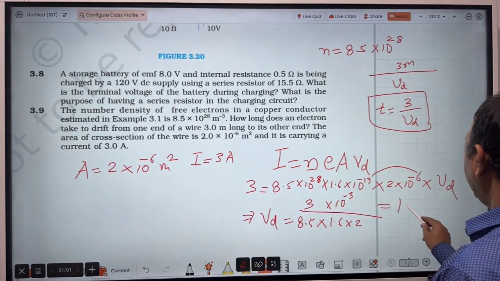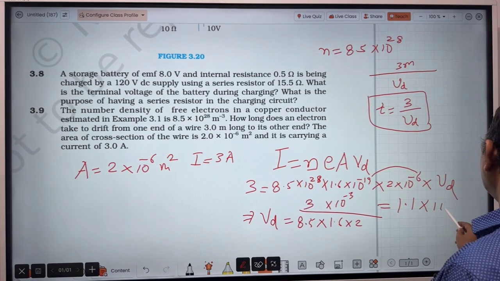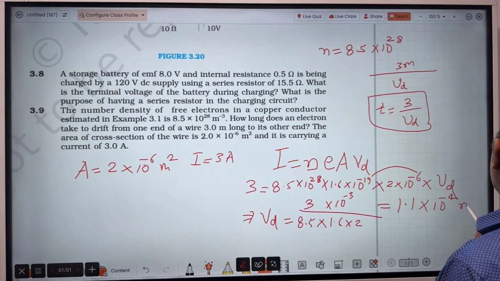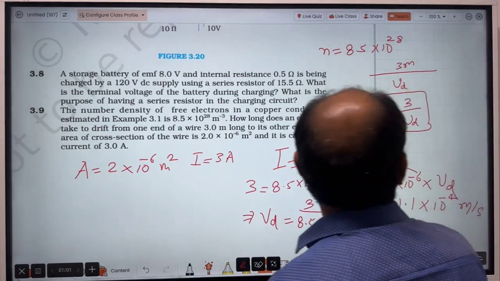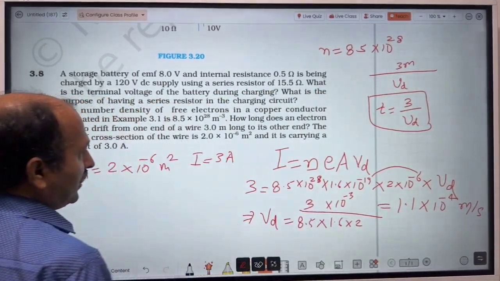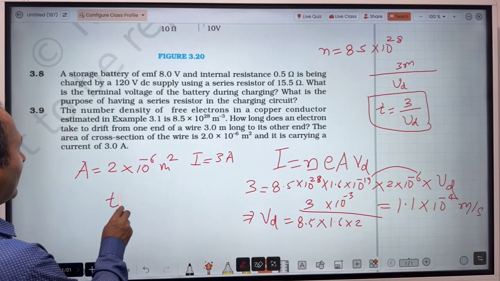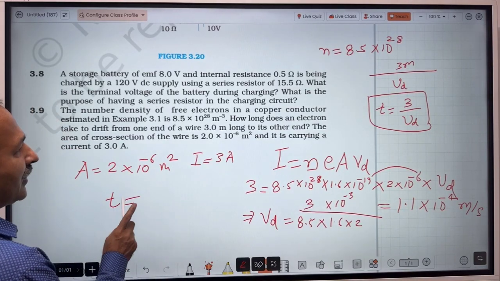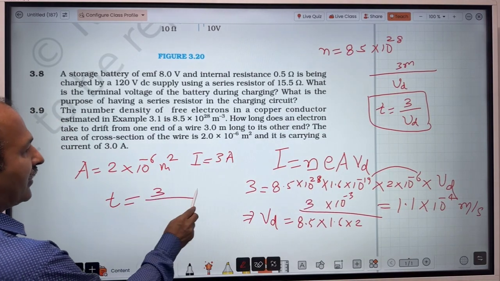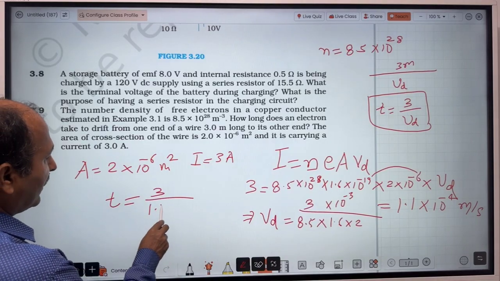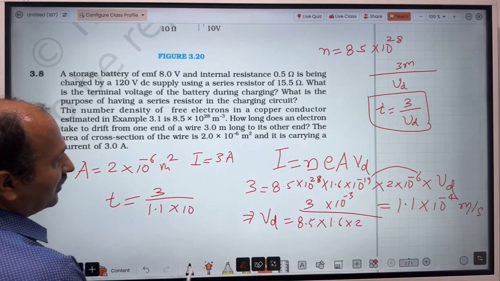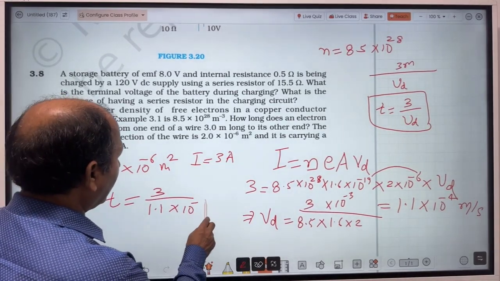So it will be around 1.1 into 10 to the power minus 4 meter per second. So you have got the value of Vd. Now what is left is to find t. So 3 divided by this much, 1.1 into 10 to the power minus 4. Now evaluate further.